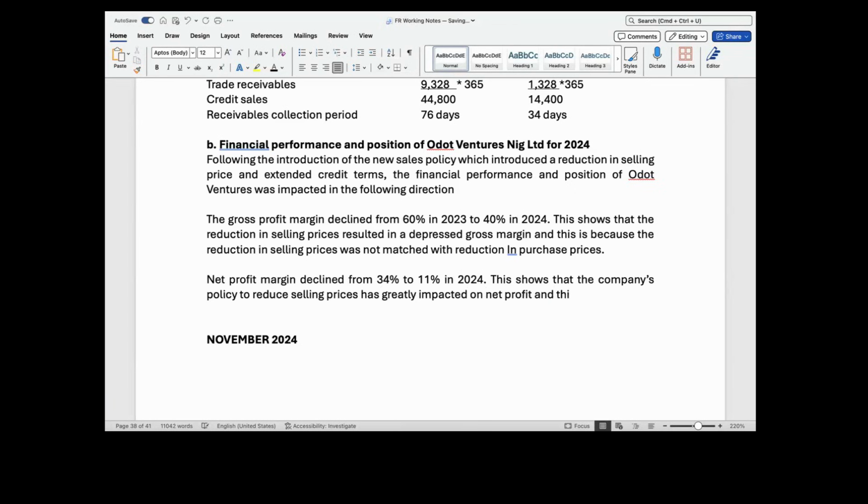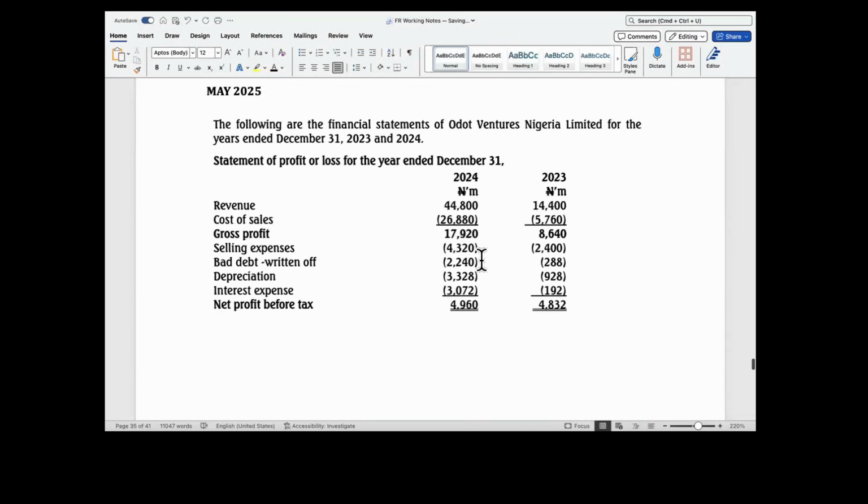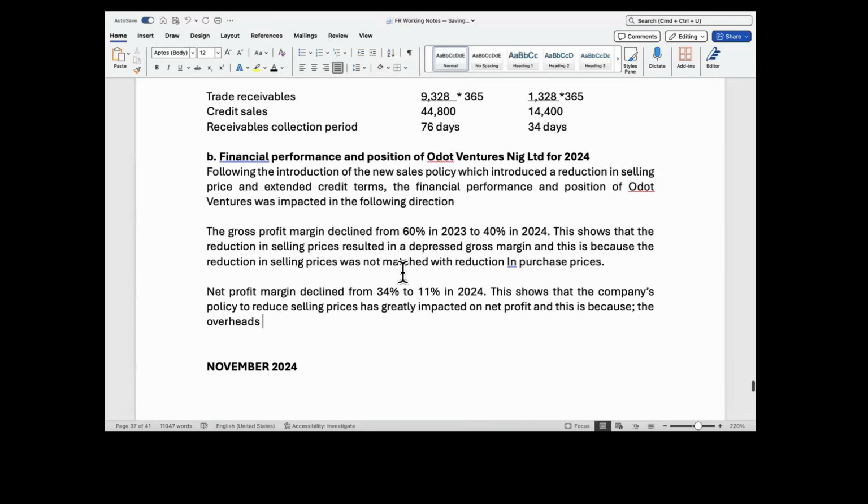And this is because the overheads were increasing. Let me do a trend analysis. If you look at their selling expenses, it went up. If you look at their bad debt written off, it went up. If you look at their depreciation, it went up majorly, and even their interest went up. Those really impacted.